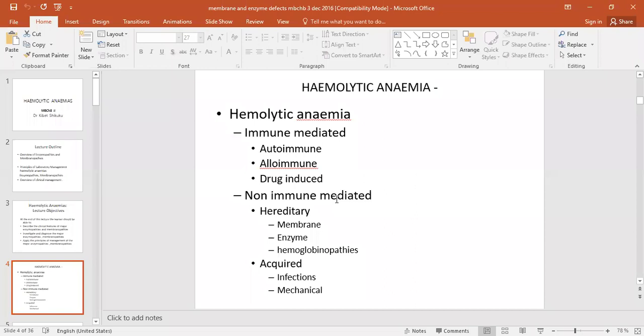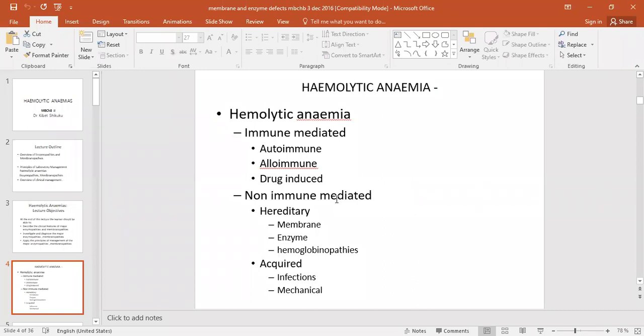As an overview, hemolytic anemia basically is an early destruction or breakdown of red cells prior to their programmed time for death. There are various causes associated with hemolysis.